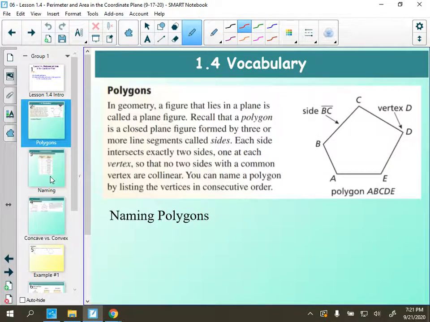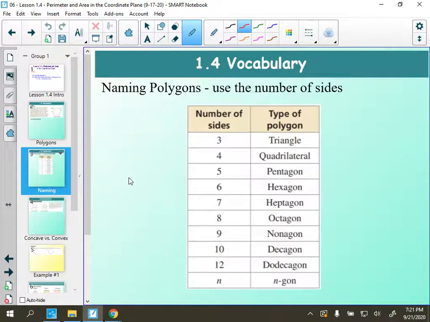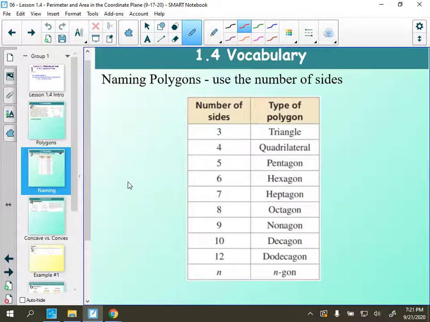Next in our notes, if you need to, pause it here and add these names of common polygons, or at least polygons that we'll work with this year. A lot of these I'm sure you are comfortable and familiar with. A 3-sided figure is called a triangle, obviously. 4-sided, not a square, not a rectangle, this is more of a broad category, the quadrilateral.